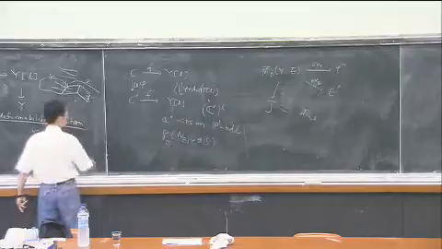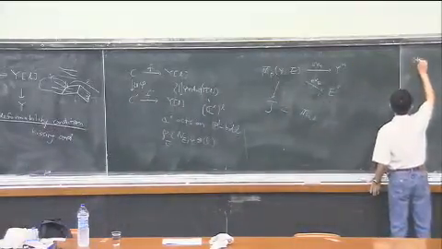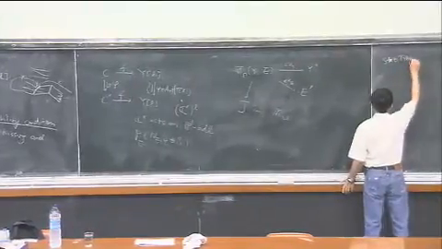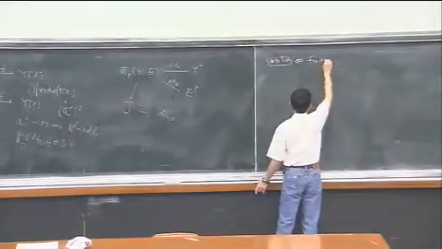So the stability condition is a finite automorphism group again.